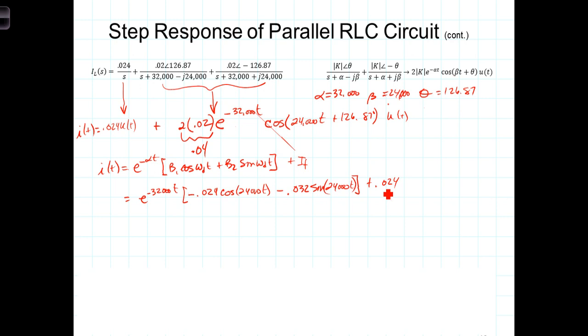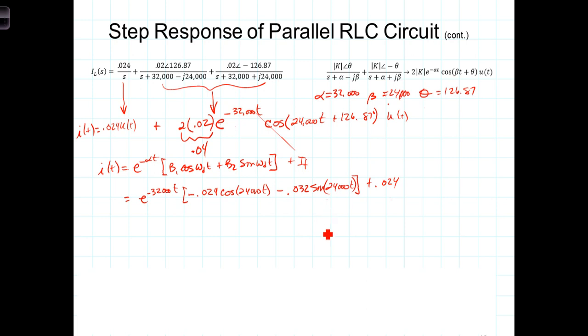Now, to satisfy our curiosity, we need to show that this form of I of t, derived using classical differential equation techniques, which gave us a cosine term and a sine term, is equivalent to this. And to do that, let's use phasors to combine these two terms into a single term.